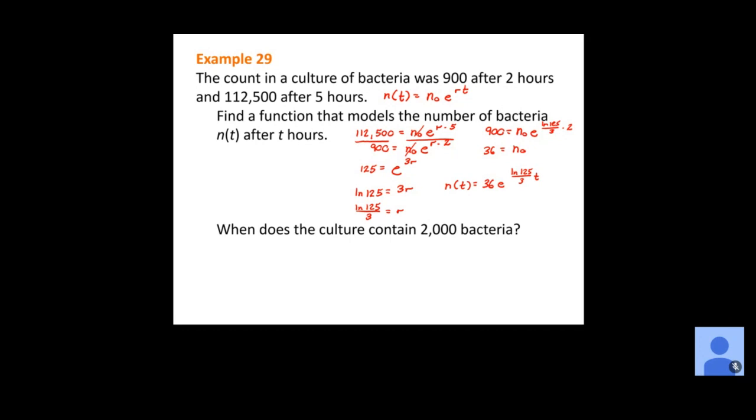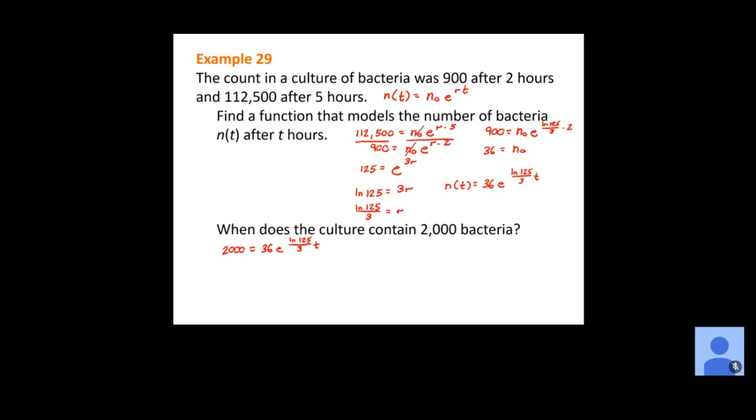All right. Now, how are we going to set up part B here? Good, right? So we're just going to set that equation we just found equal to 2,000. We get 36e to the natural log 125 over 3 times t.